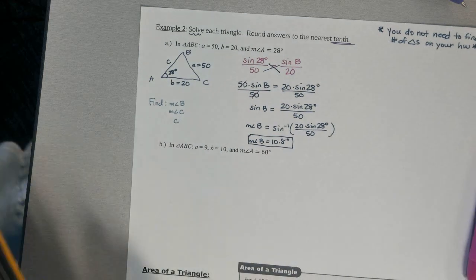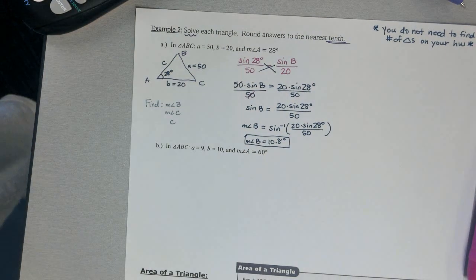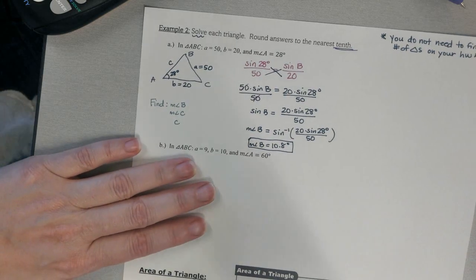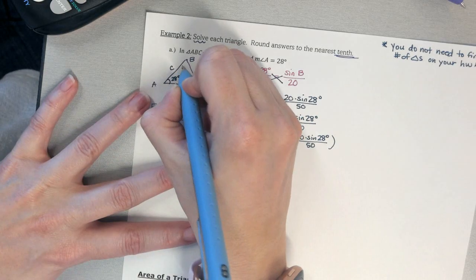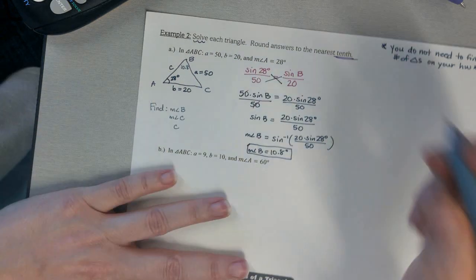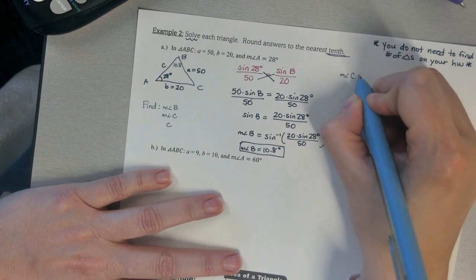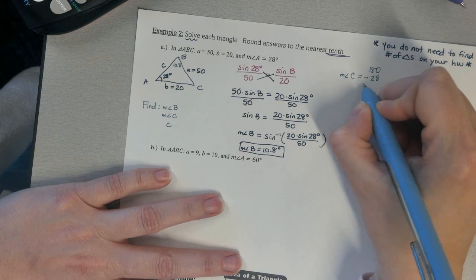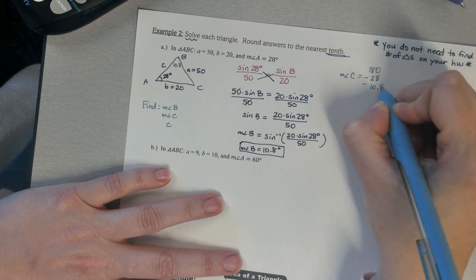All right, so now that you know that this is angle B, what should I find next? Yeah, angle C. So now we know this is 10.8. To find the measure of angle C, we can just do 180 minus 28 minus 10.8.